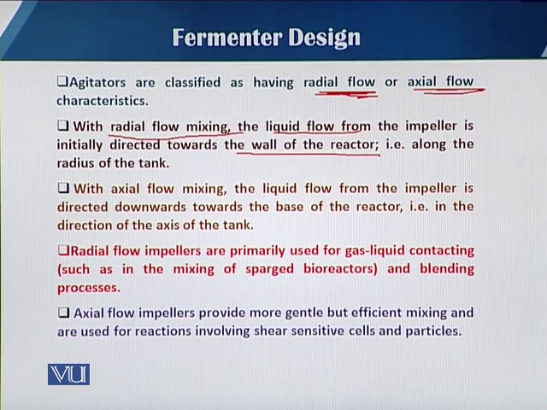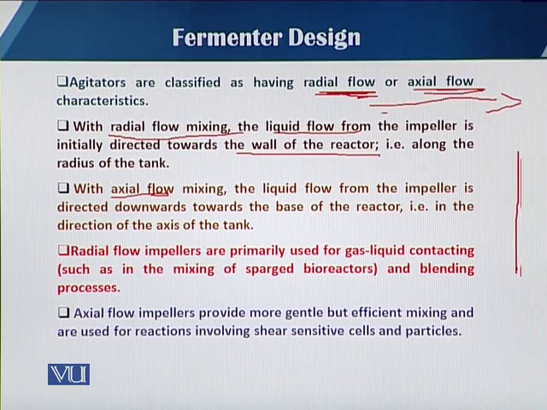But as far as axial flow is concerned, the impeller pushes the medium toward the bottom, parallel to the axis. That is the axial, meaning along the main axis, whereas in the case of radial there is this kind of flow.